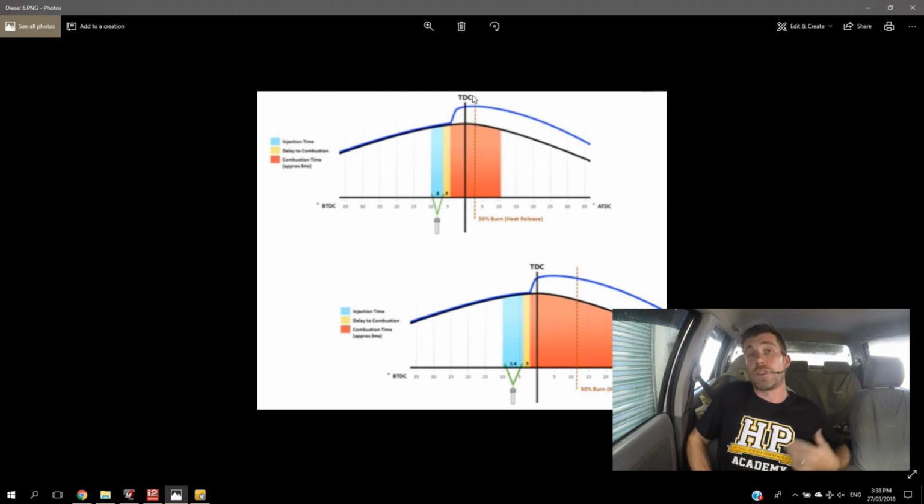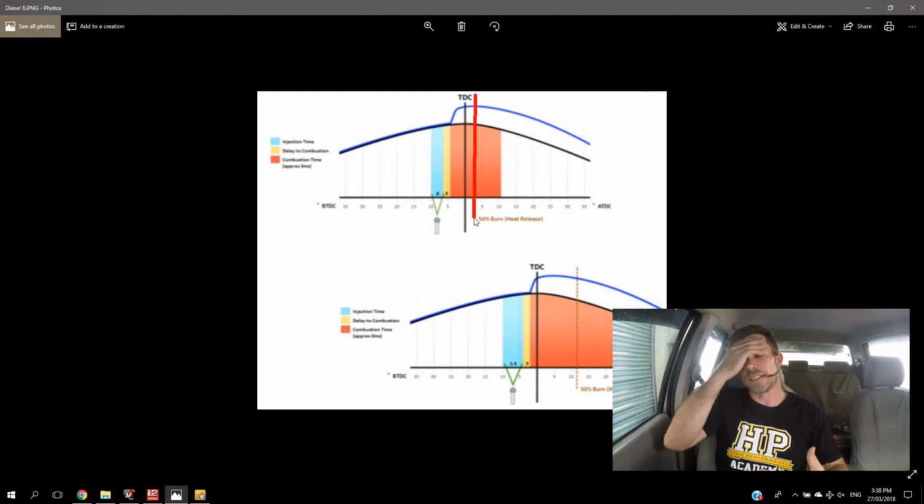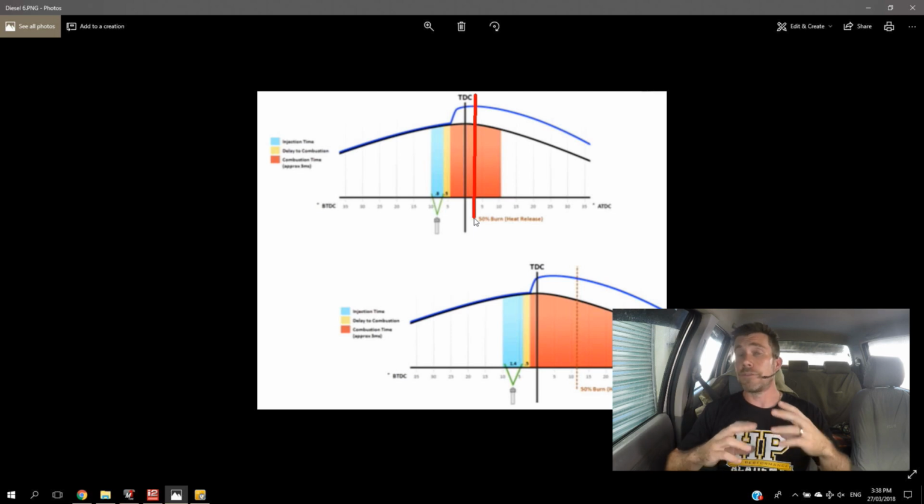With diesel engine combustion, we tend to talk about a parameter called 50% burn or 50% heat release, and this is what we look at to deduce exactly how the combustion process is completing. Ideally we want to end up with a 50% burn occurring relatively close to or a little bit after top dead center, so a little bit after the piston has gone past top dead center. Now if we look at that there, that's exactly what we've got occurring.